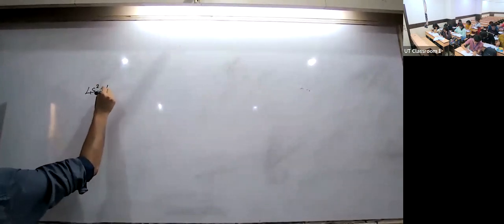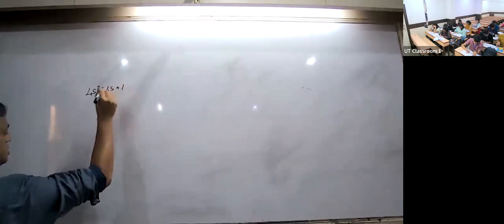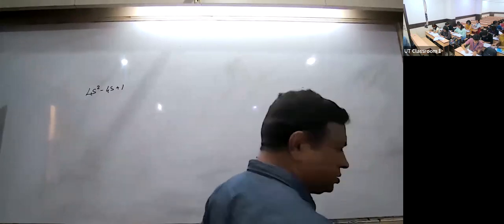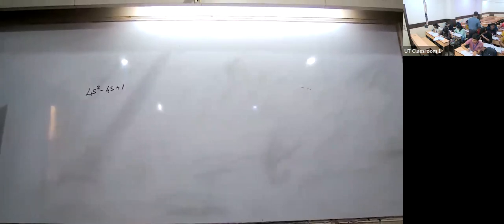So what is the first question? 4s square minus 4s plus 1. Here the variable is s, not x. Okay, so factorize, split the middle term, all of you. After that, you will write it as... No, it's plus 1, not minus 1. Okay, yes. Sure.